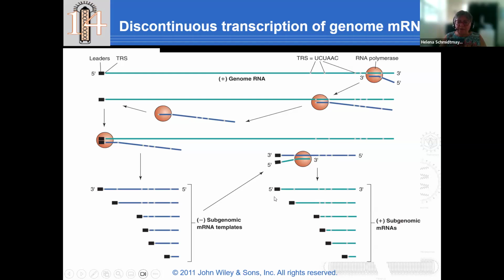And those, because they are transcribed based on this subgenomic RNA, have the same 5' end, even though they have different lengths. So TRS, transcription regulating sequences, are critical for synthesizing this set of subgenomic RNAs with minus strand, and those are afterwards transcribed into plus subgenomic mRNA, and those serve as mRNA for synthesis of structural proteins.